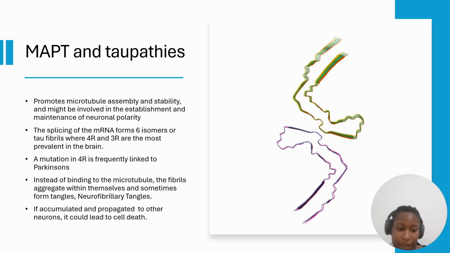And what happens when it goes wrong is that instead of binding to the microtubules, it will bind within itself, so it aggregates within itself, up to one point where it tangles, and that is called the neurofibrillary tangles. And if this phenomenon accumulates and propagates to other neurons via synapses, it can lead to cell death.